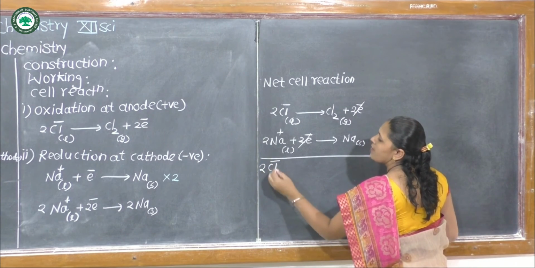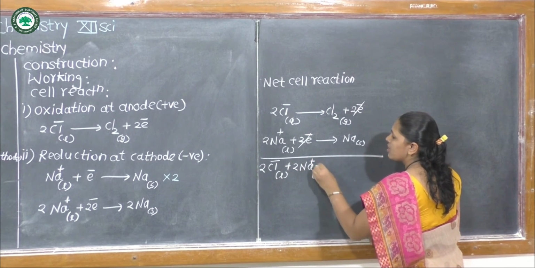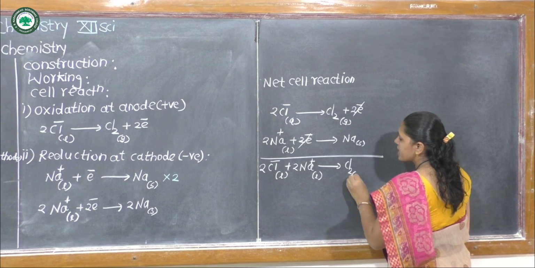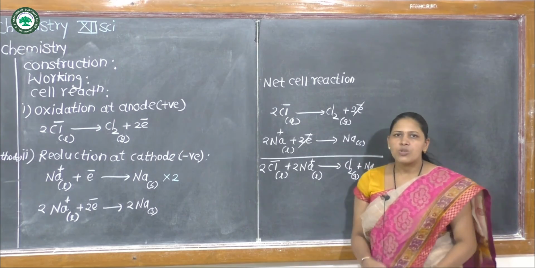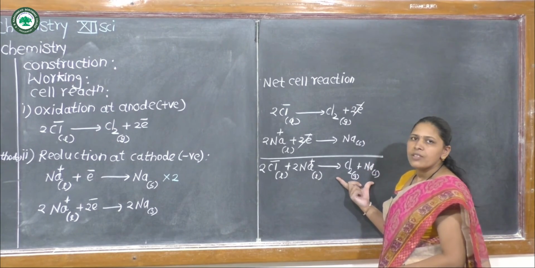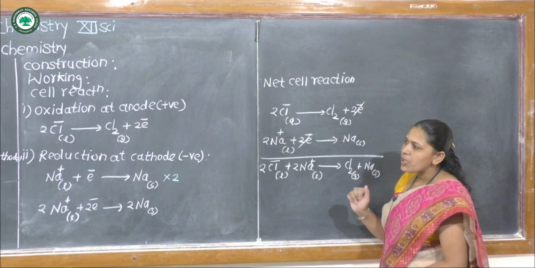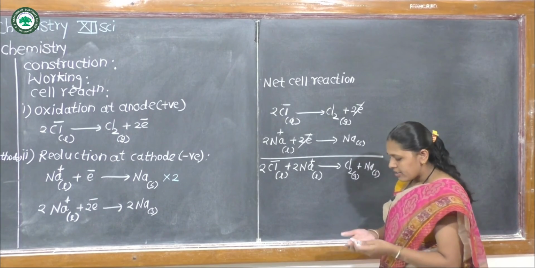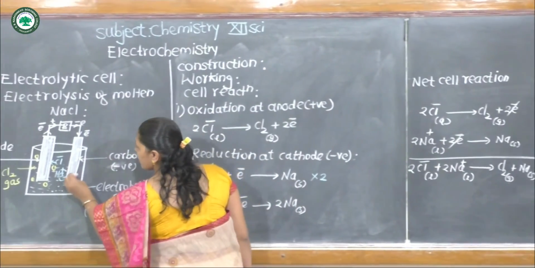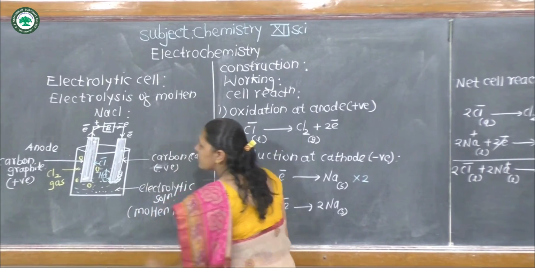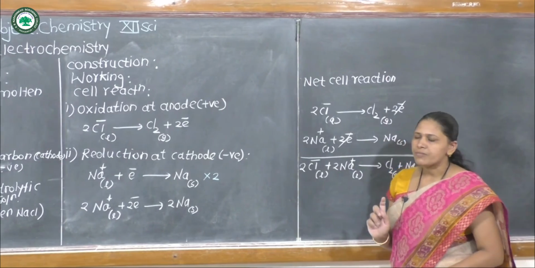Remaining is 2Cl- plus 2Na+ gives chlorine gas plus sodium metal, silvery white sodium metal. Our products of this electrolysis are pale yellow chlorine gas formed at the anode and silvery white sodium metal which is deposited on the cathode. Here the weight of the cathode increases due to deposition of sodium metal on the cathode.